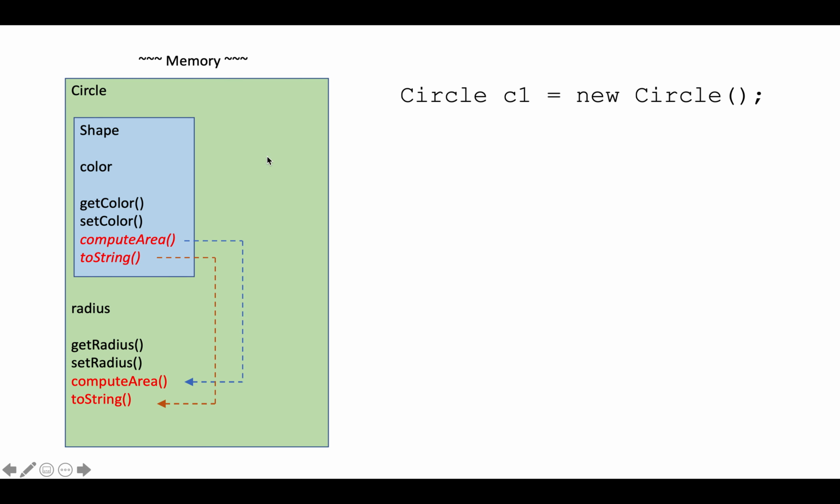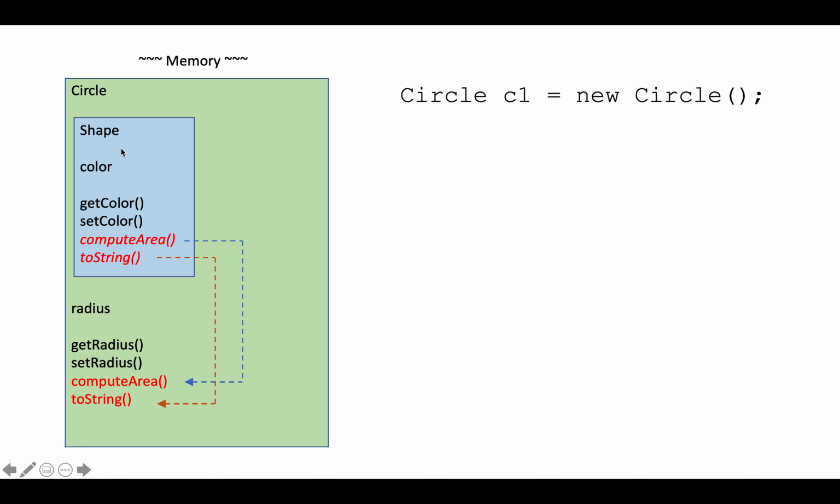Now for a Circle object, remember, Circle is a subclass of Shape. So when, to the right of the equal sign, I do new Circle, that's saying I'm going to reserve a big blob of memory for a Circle. But a Circle consists of a Shape as well as some additional stuff added for the Circle.